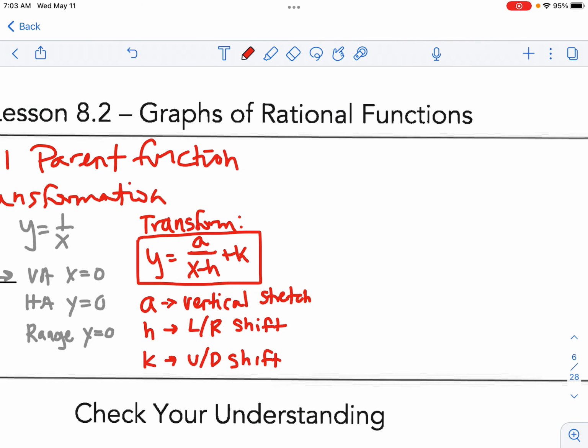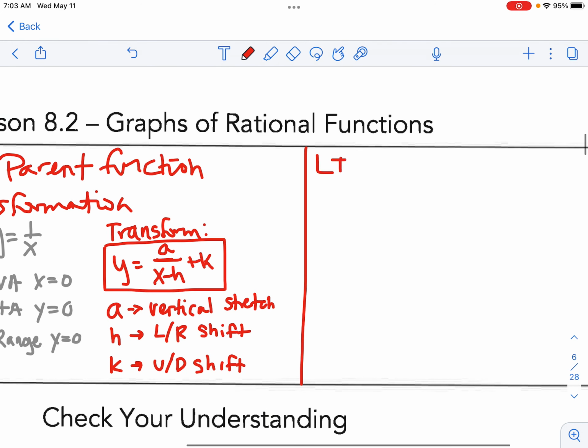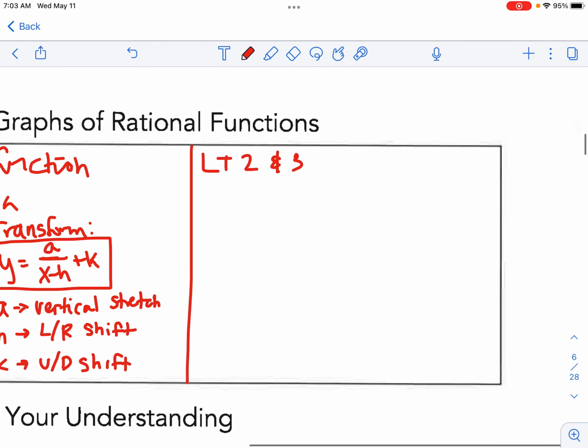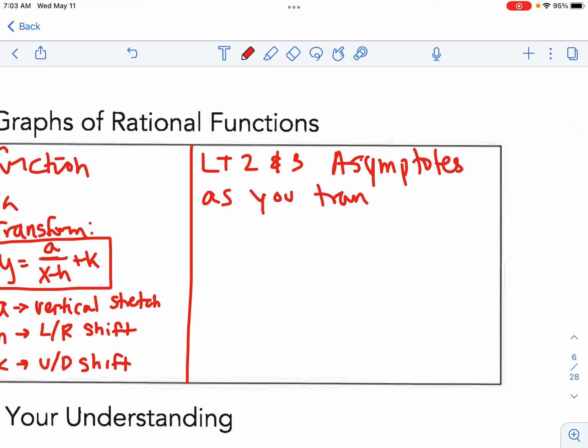And then learning targets 2 and 3 have to do with really the asymptotes. What happens to the asymptotes as you transform?